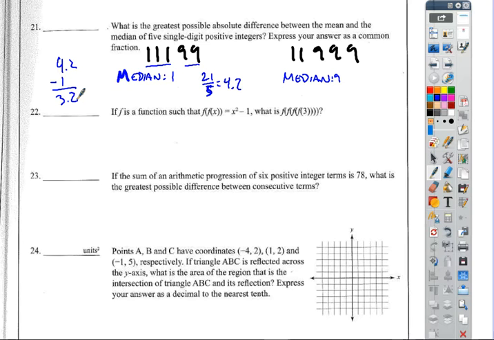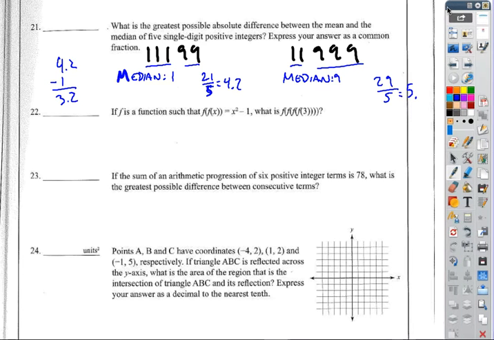Over here, we have 27 plus 2. 27 plus 2 is going to be 29 divided by 5. And so we're going to get 5.8, right?